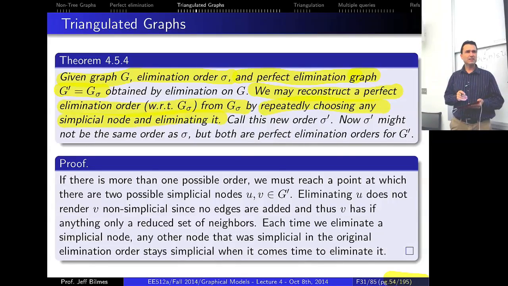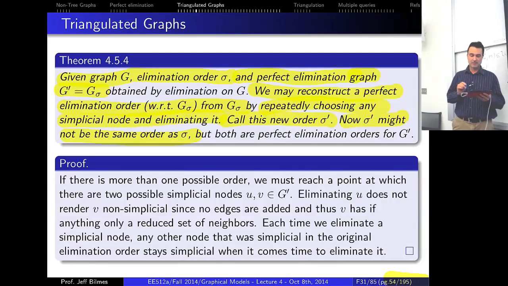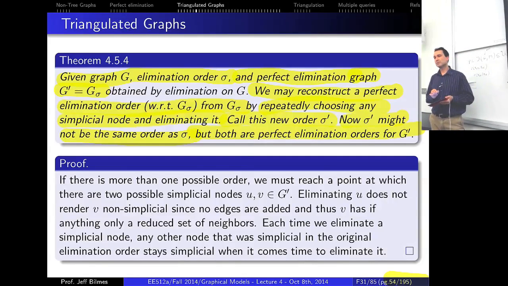Is it going to be exactly the same order as the original one, or is it not? Before we answer that question, let's just call that order sigma prime. Now what the theorem is saying is that it might not be the same order. Sigma prime might not be the same order as sigma. However, both are perfect elimination orders for G prime, right?